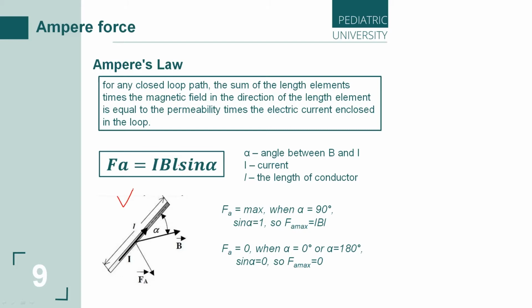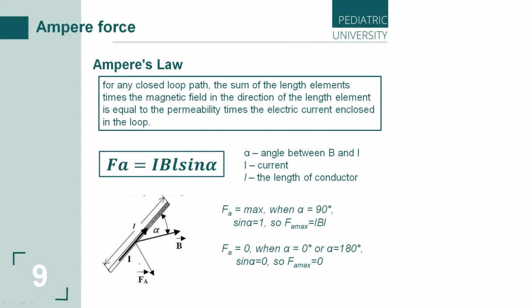Let's see this picture. What is alpha? This is the angle between the magnetic induction vector B and the direction of the current. This is angle alpha. And if we have sine, we must remember that the sine may be only from -1 to 1. Don't forget about it, please.